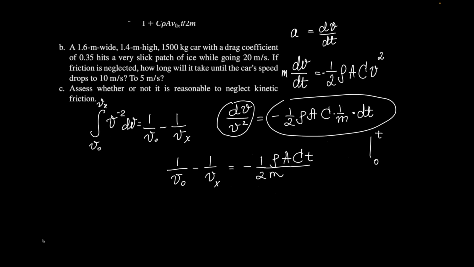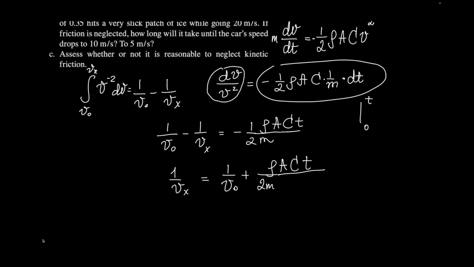Then from here, 1 over vx should be equal to 1 over v0 plus 1 over 2m times rho A C t. So the common denominator gives 2m plus v0 rho A C t, divided by 2m v0, which equals 1 over vx.